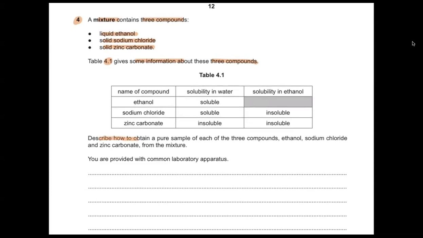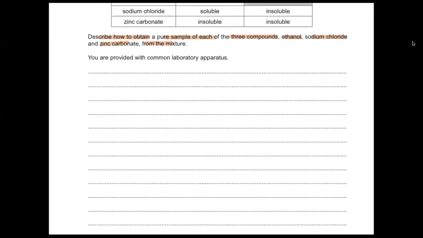Now what they are asking: describe how to obtain a pure sample of each of the 3 compounds, ethanol, sodium chloride, and zinc carbonate, from the mixture. So you need to separate them, right? You are provided with the common laboratory apparatus.